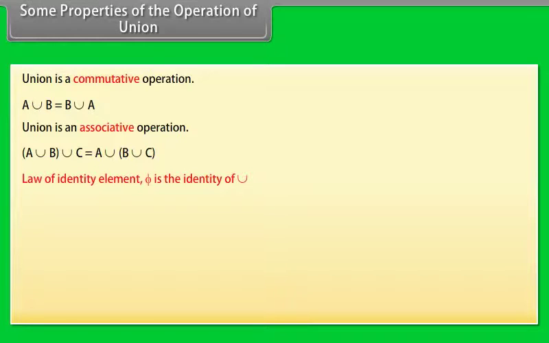Phi is the identity of union. A union phi is equal to A. Idempotent law. A union A is equal to A. Law of U. U union A is equal to U.